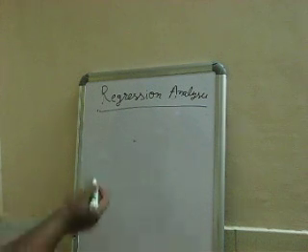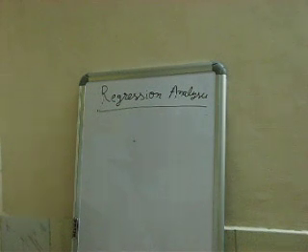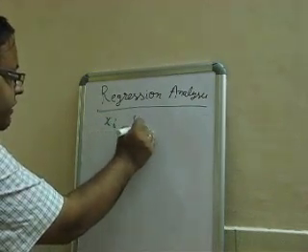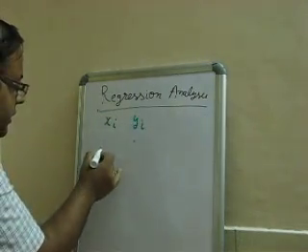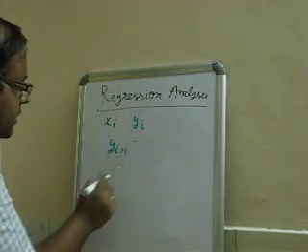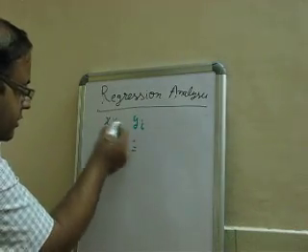So basically the main aim of regression analysis is to predict the value of a dependent variable, provided you have some previous data, and in the future what can be the value of an independent variable. For example, if you have some xi values, some yi values, using regression analysis you can say yi plus 1 can be with some constant or something like that.